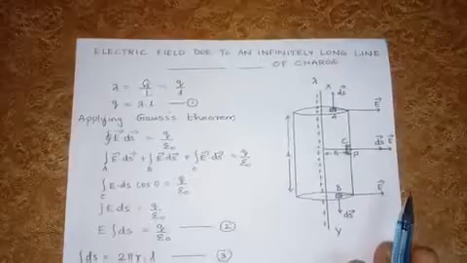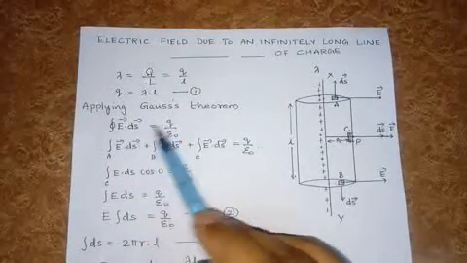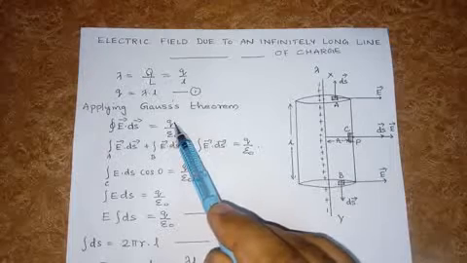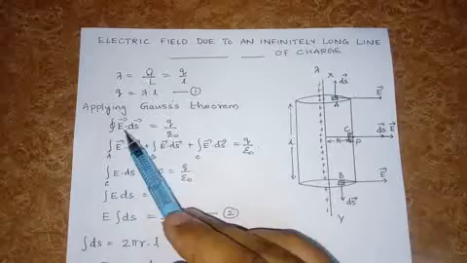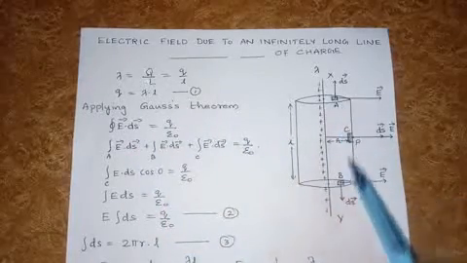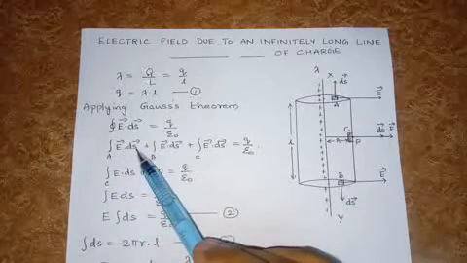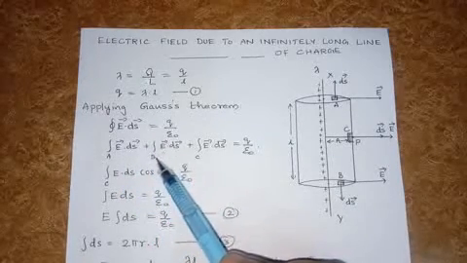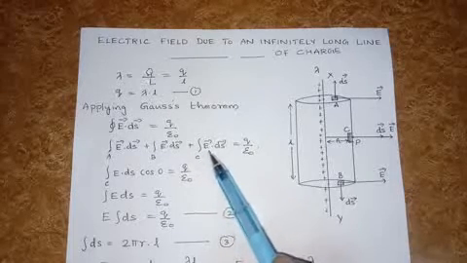Now, the flux contribution. According to Gauss's theorem, the total flux phi is equal to charge enclosed within the Gaussian surface divided by epsilon 0, but the total flux contribution is due to three surfaces: integral of surface A E dot ds plus integral of surface B E dot ds plus integral of surface C E dot ds.